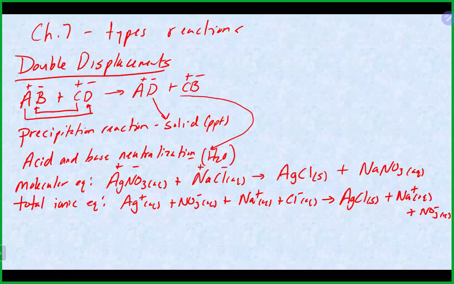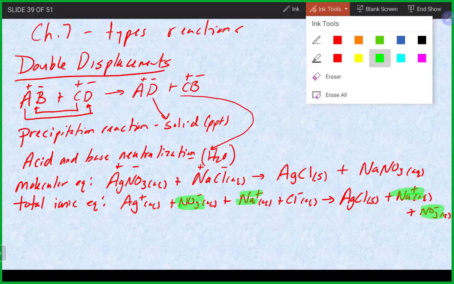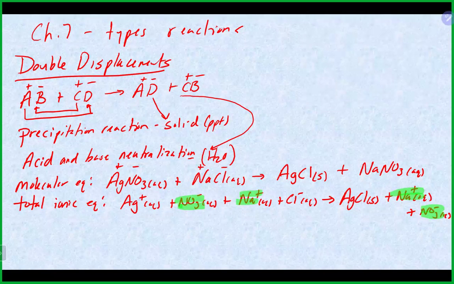When we look at the total ionic equation, we should be able to find ions on both sides that look identical. We have nitrate, and we also have sodium on both sides. Those ions that are the same on both sides are what we referred to as spectator ions. Spectator ions are pretty much like the name implies. They're just hanging out, watching what's going on.